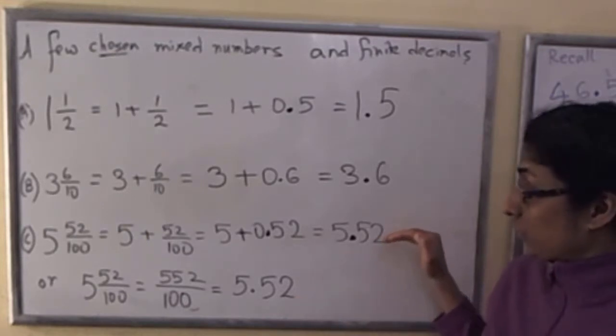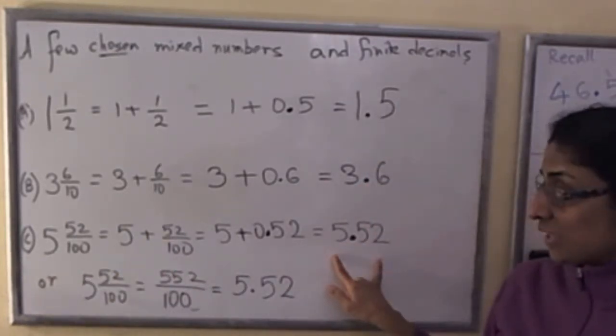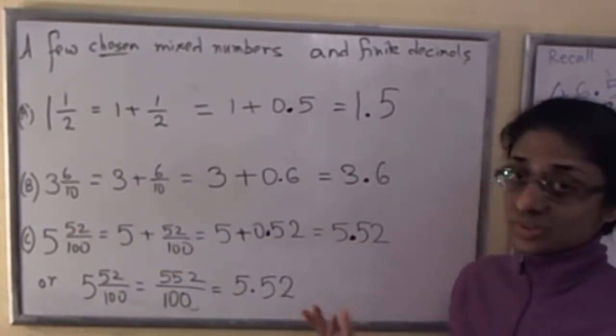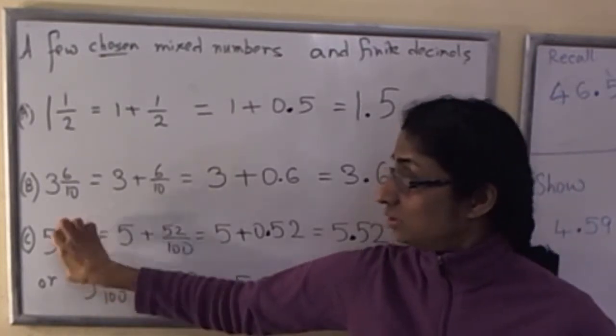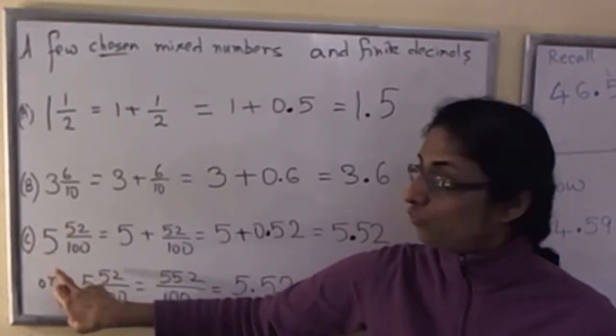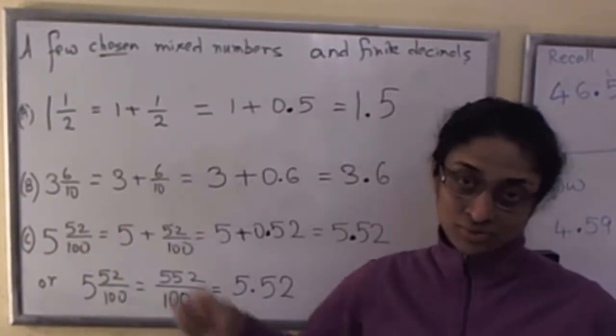So to justify why this mixed number is the same as this finite decimal, you could either use this line of reasoning or this line of reasoning. Either way is correct. But it's not okay to say, let's just take this part and put a 0.52 in that. We can't, because 52 over 100 is part of the notation, and so we can't just pull things out of a notation.